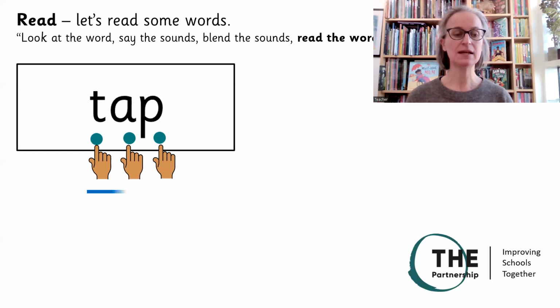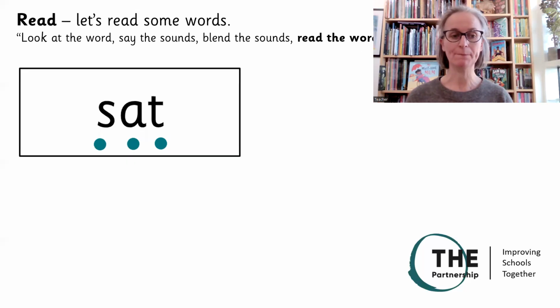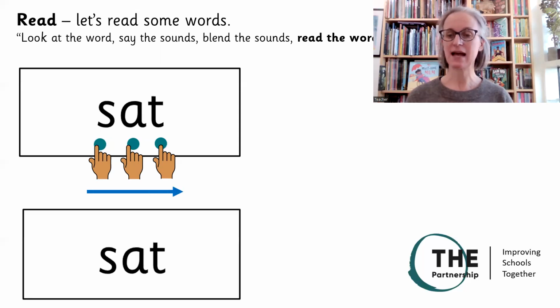Blend the sounds. Tap. Read the word. Tap. Let's try another one. Look at the word. Say the sounds. S, a, t. Blend. Sat. Read the word. Sat.